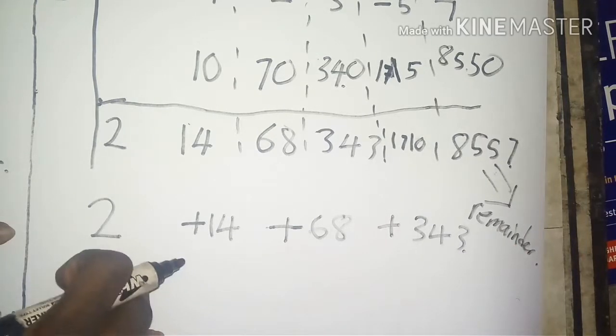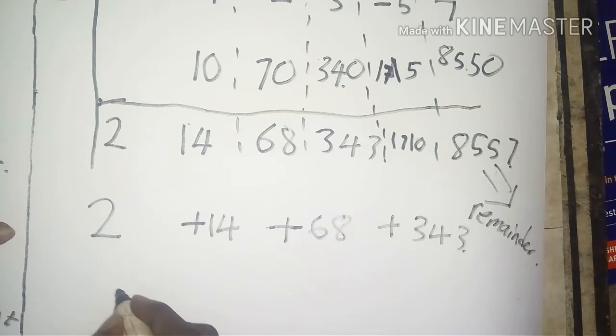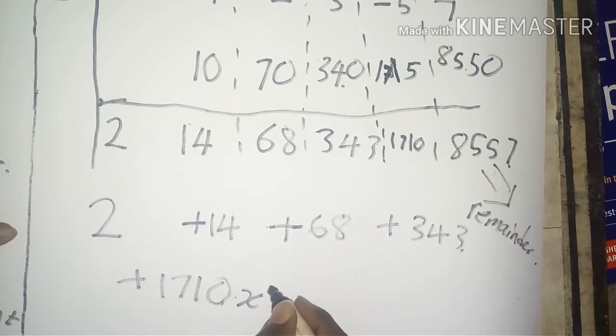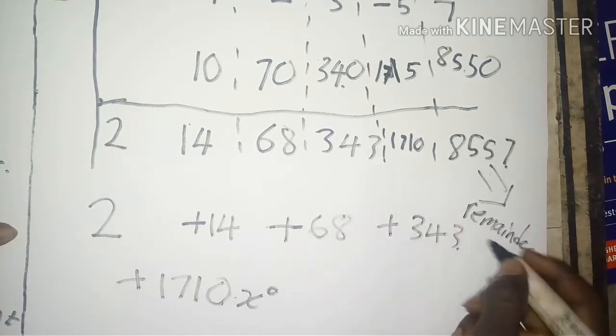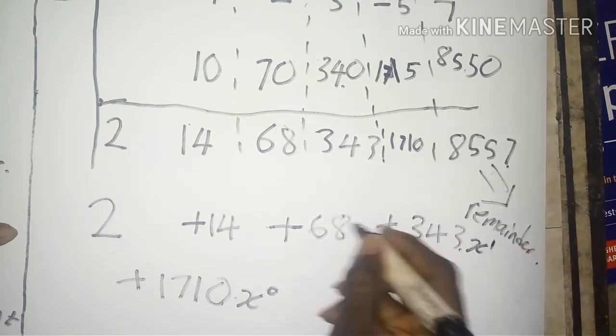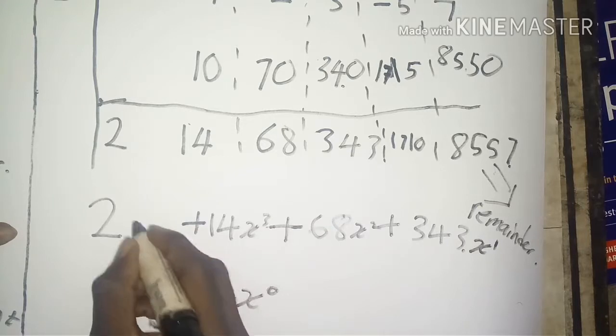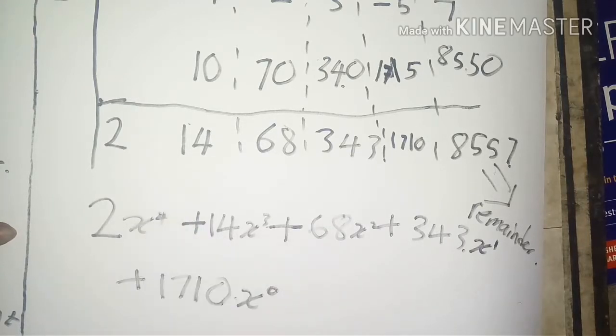I'm continuing under here, then plus 1710. So I said you start from here, x raised to power 0, then here x raised to power 1, x raised to power 2, x raised to power 3, and x raised to power 4.